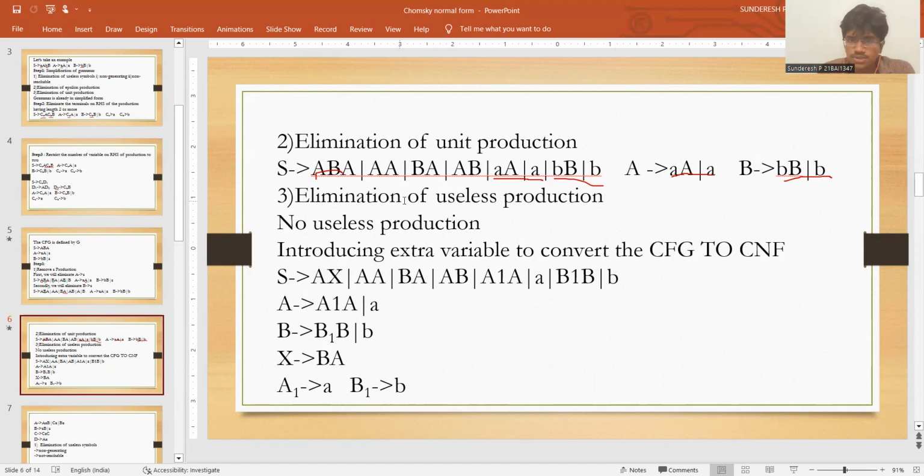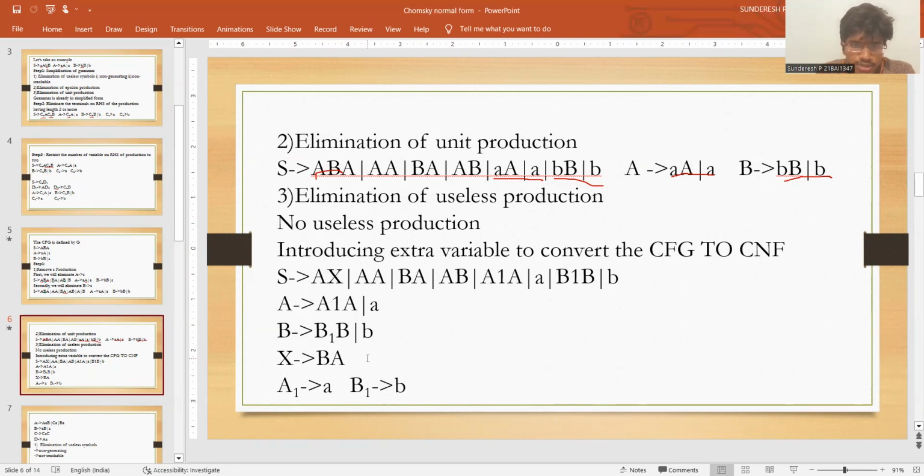And now there is no useless symbol in it, so the elimination of useless production is not done here. And we'll be introducing the extra variable to convert the CFG to CNF. That is step 3. In this one, we have taken the last 2 variables as X.